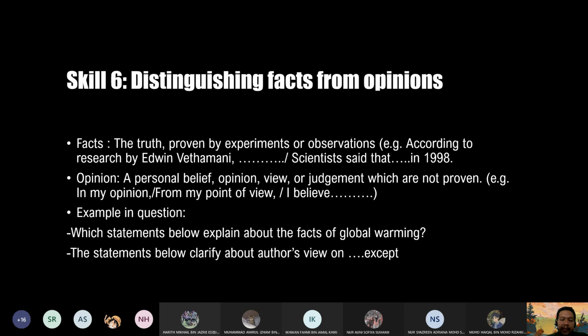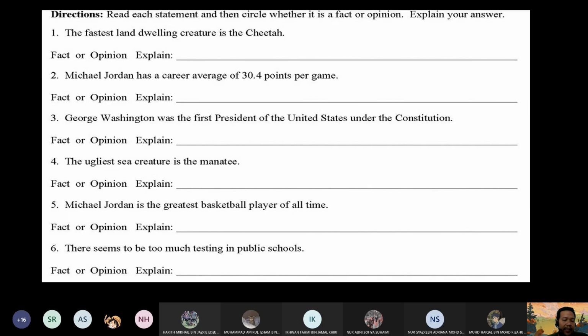Another question: the statements below clarify the author's view on what, except. Author's view means opinion, so except means you have to find the fact. Apart from that, I want you to read each statement and decide whether it is fact or opinion, number 1 until number 6.